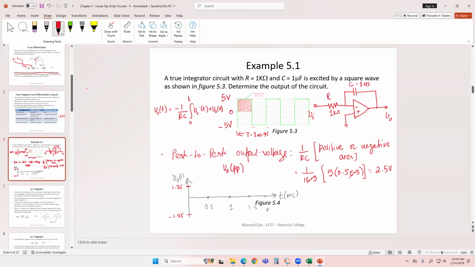Remember, it's negative 1 over RC integration of V input t. So because of this negative sign, if your input has the positive value, then your output is going to be going down. Like in this case, of course, we know output is a triangular waveform. So if input is positive, output is going to go down because of this negative instead of going up. So the slope is going to be negative for the output. And when the input is negative value, the slope is going to be positive for the output. That's what that negative sign is doing over here.